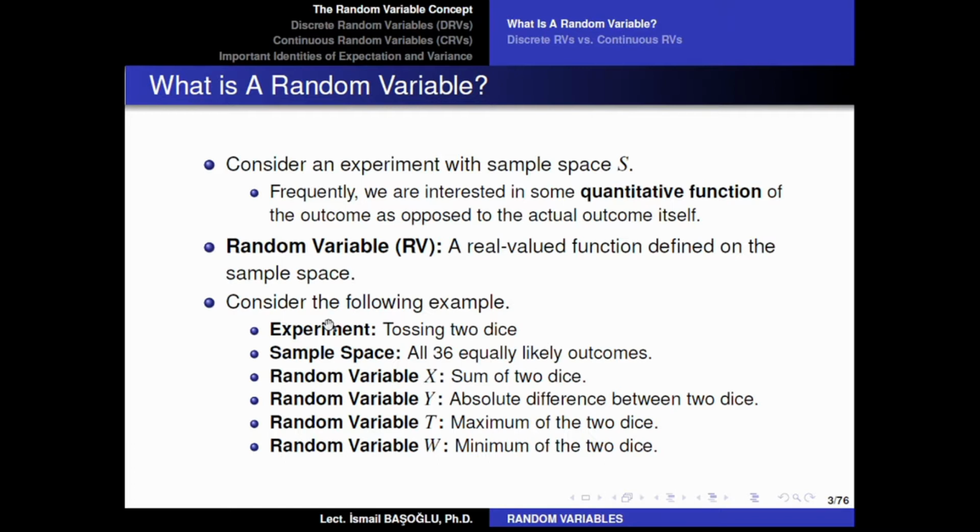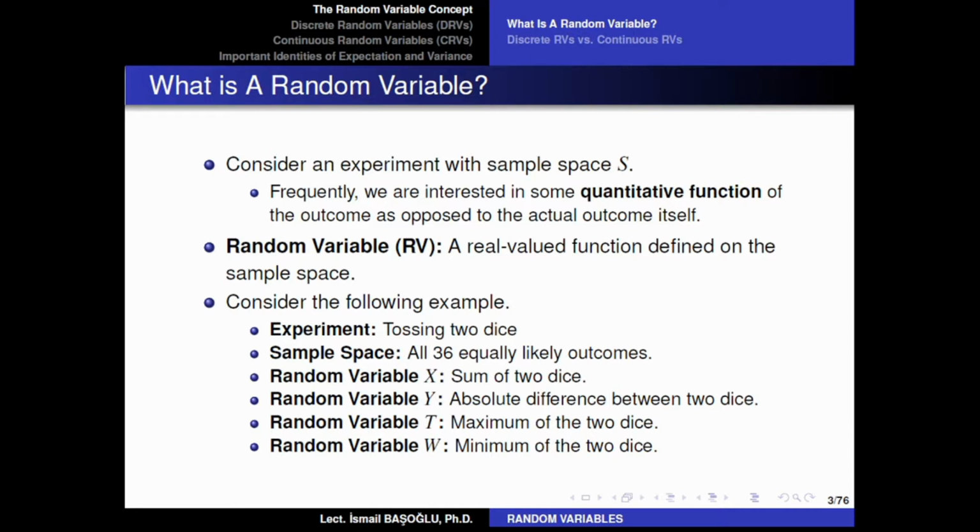Now consider this experiment. When you toss two dice, remember, you have 36 equally likely outcomes in the sample space, and though these outcomes are written as integer values, you cannot just quantify them. I mean, you cannot say, for example, that (3,4) is larger than (5,6).